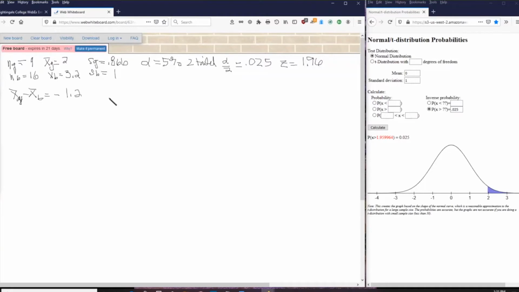The differences of our standard deviations gave us 0.3818, which was our formula for our standard error. And we got a test statistic of minus 3.14.